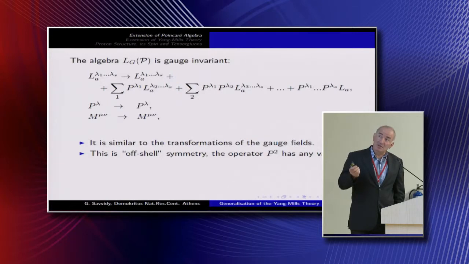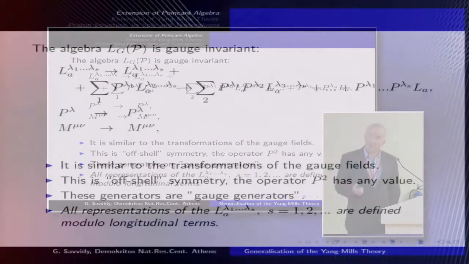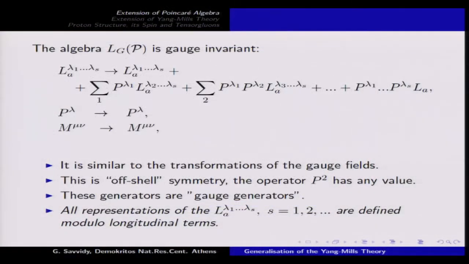This invariance is off-shell, which means that P squared can take any values. Therefore, I prefer to call these gauge generators. And it also says that if you find some representation of these generators, they are defined modulo a longitudinal term, because these terms are definitely longitudinal, being proportional to the momentum.